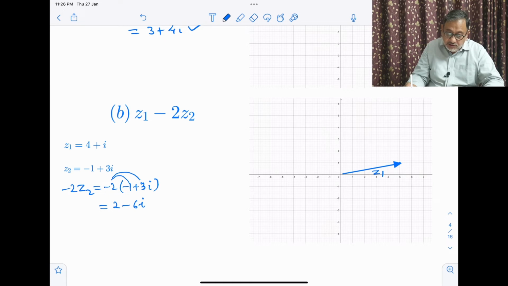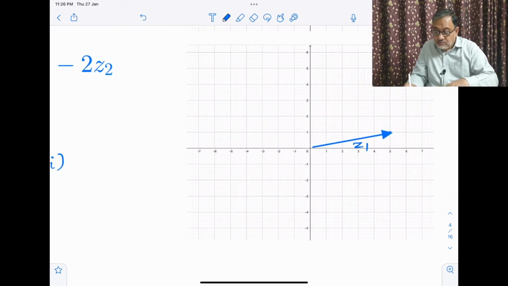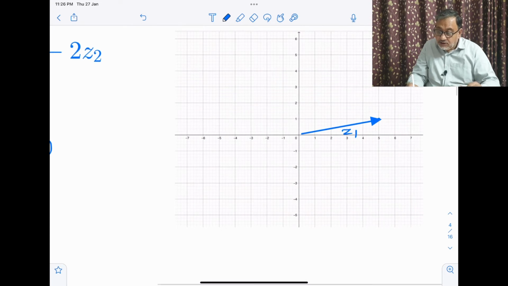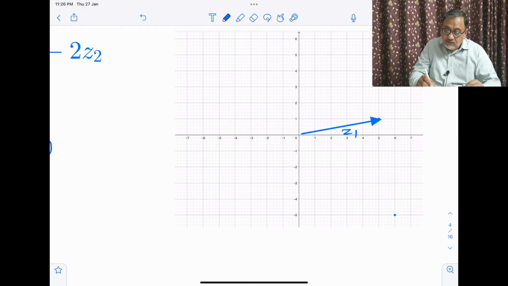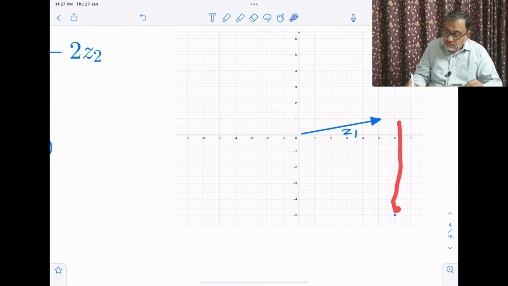Positive 2 and negative 6 will come at minus 5, because 1 unit is already here and 6 units, 1 unit is here and 5 units are here. So like that, total negative 6 units, okay.